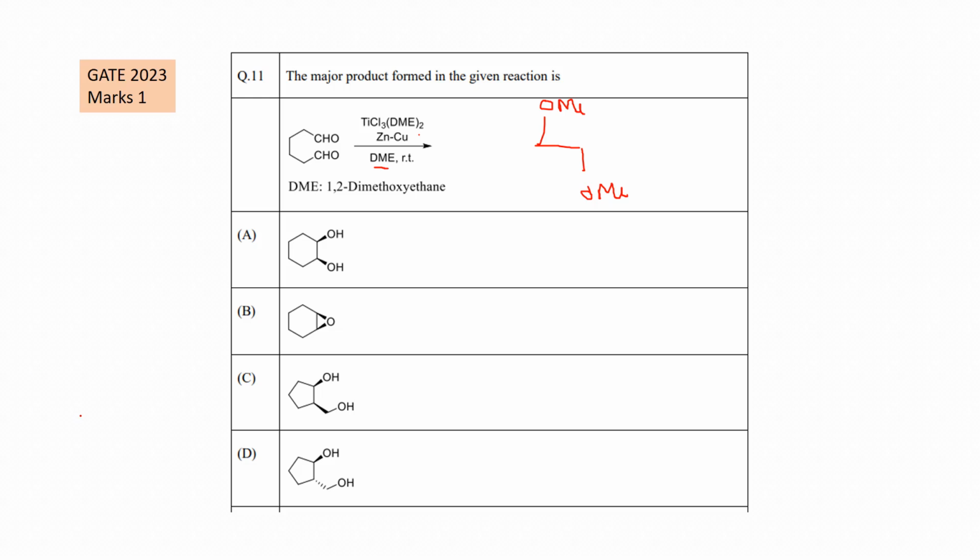So what will happen here? First, this titanium will give one electron to this oxygen and another to this oxygen.